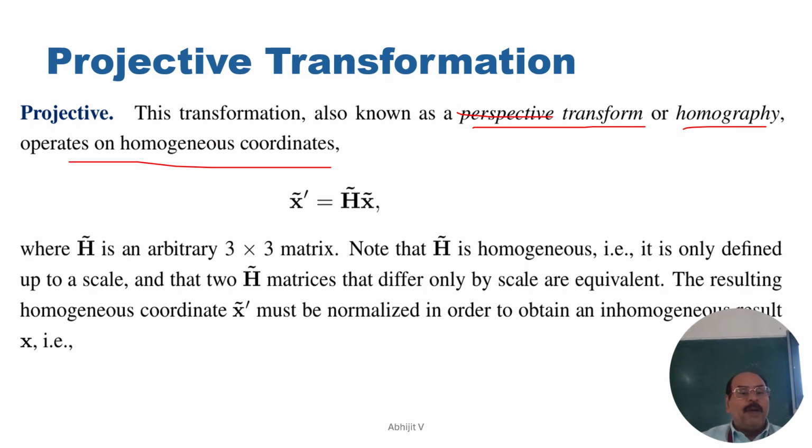Here we have an H matrix which is an arbitrary 3 cross 3 matrix, and H is a homogeneous matrix defined only up to a scale, and two H matrices that differ only by a scale are equivalent. Okay?